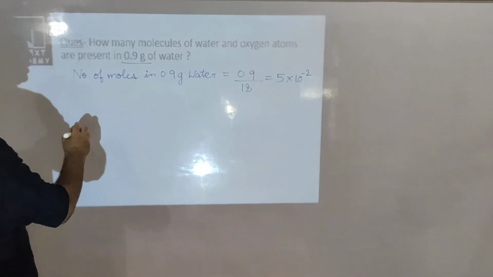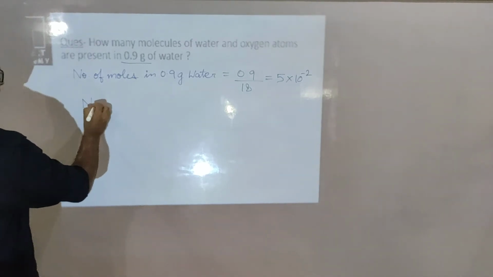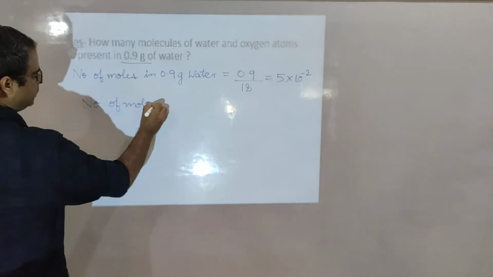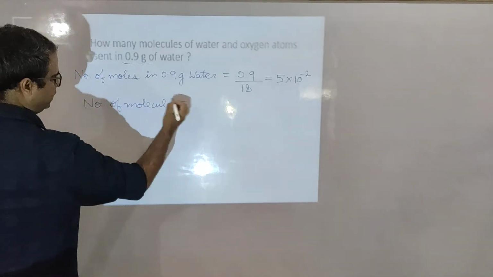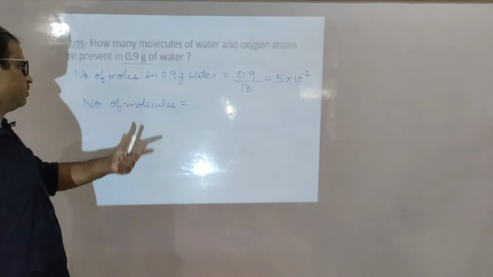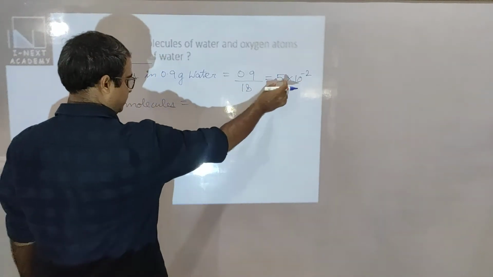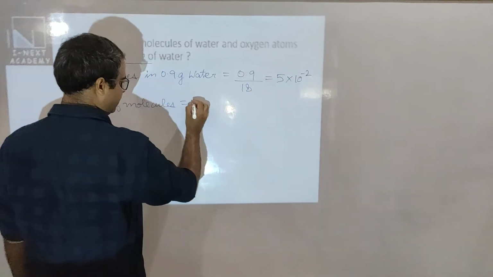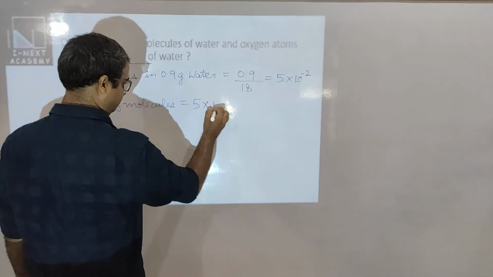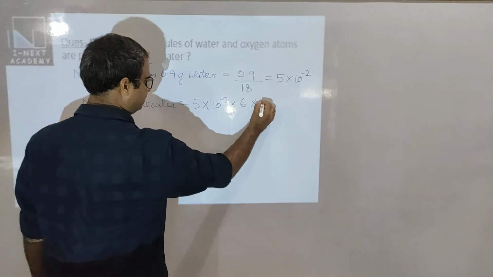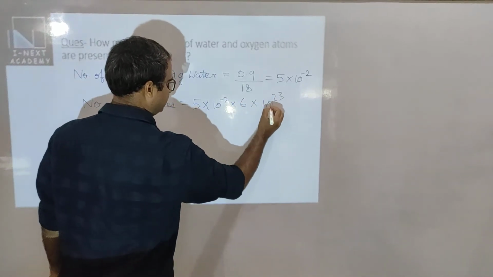Now we will calculate the number of molecules. Once we have calculated the number of moles, we know how to calculate the number of molecules. Multiply this number of moles by Avogadro number, that is 6 into 10 to power 23.